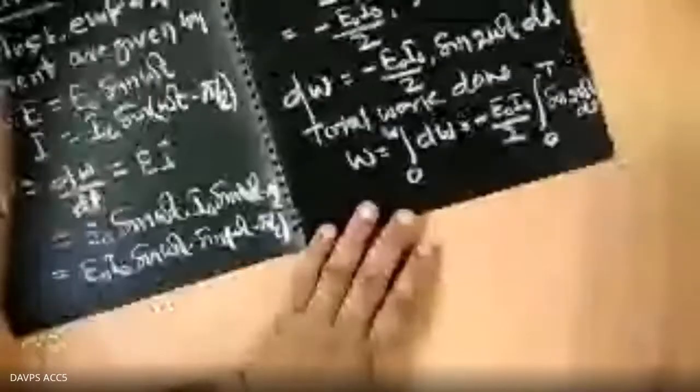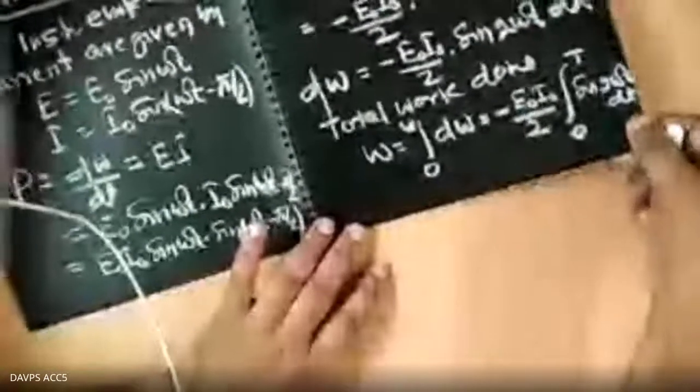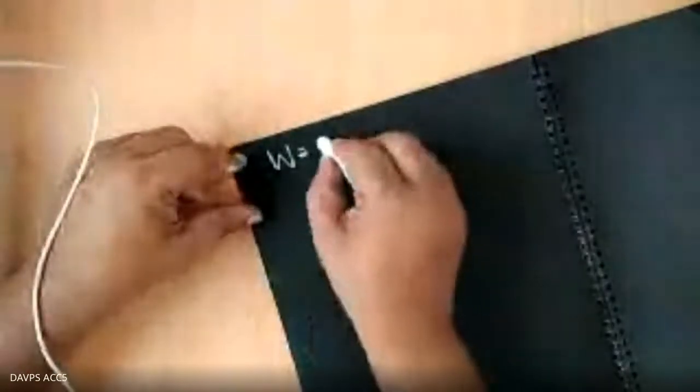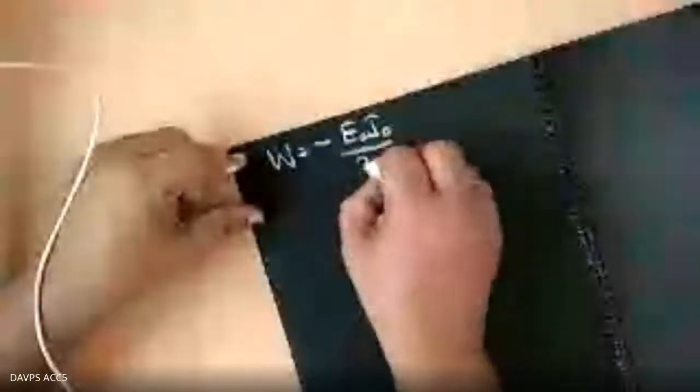I think all of you find easy or difficult derivation? Very easy derivation. Only the differentiation integration you know it slightly. So this will be equal to, what will be the formula for now? On the next page I am coming. W equal to minus E naught I naught by 2.